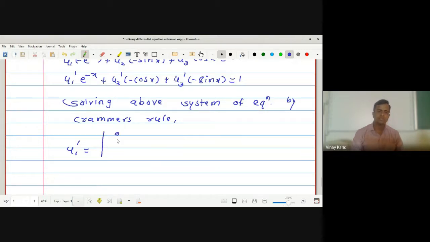The determinant is 0 0 1, then cos x, minus sin x, minus cos x.